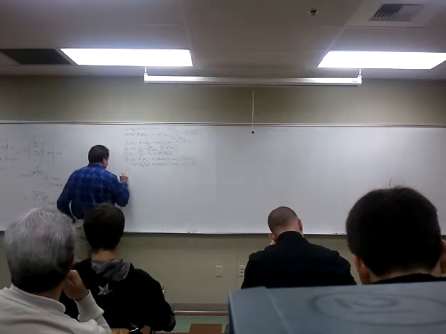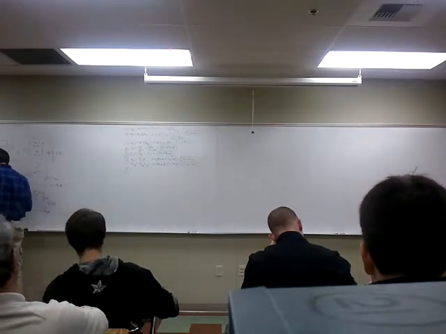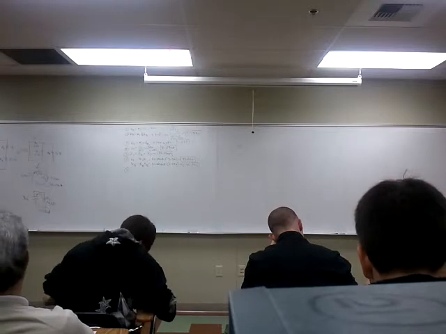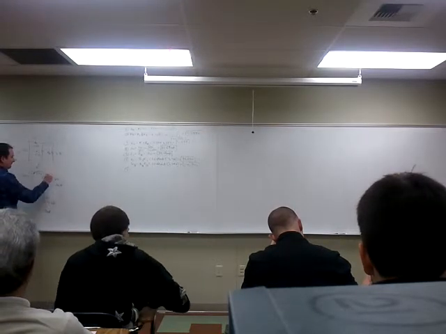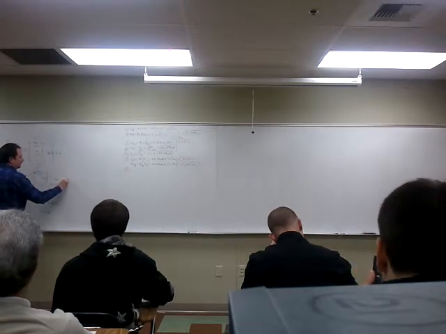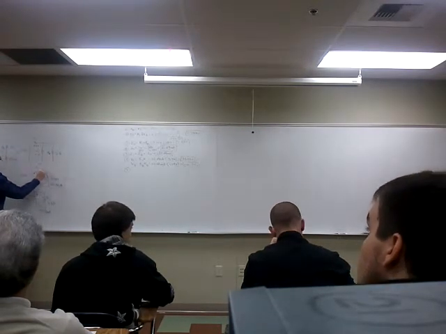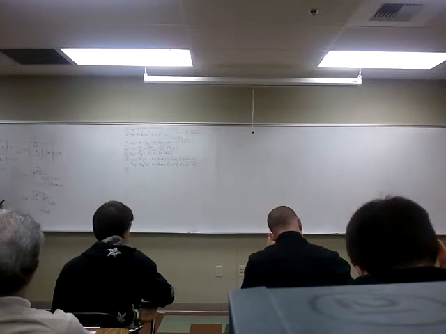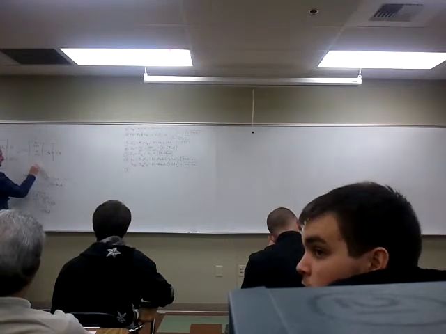Okay. And then what we have here is from here to here, resistor B, we have 14.74 volts. From here to here, we have 35.26.